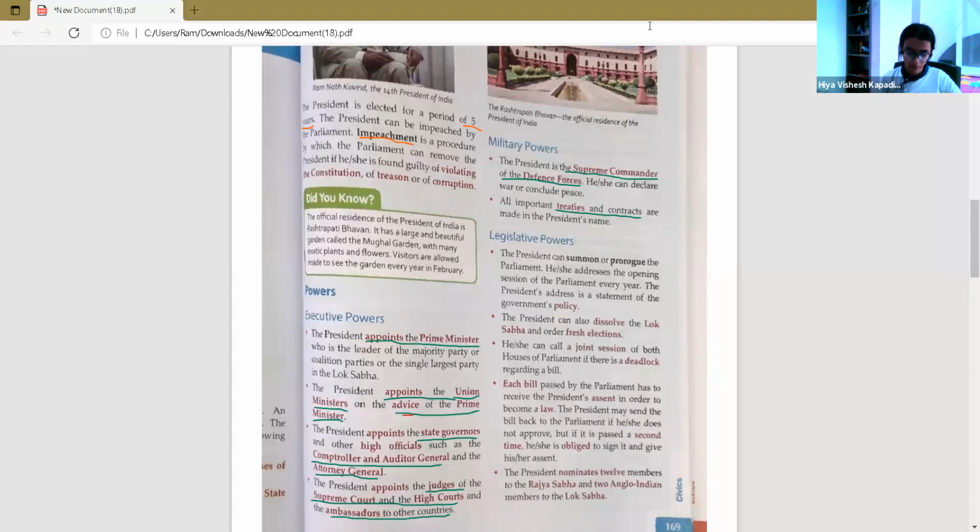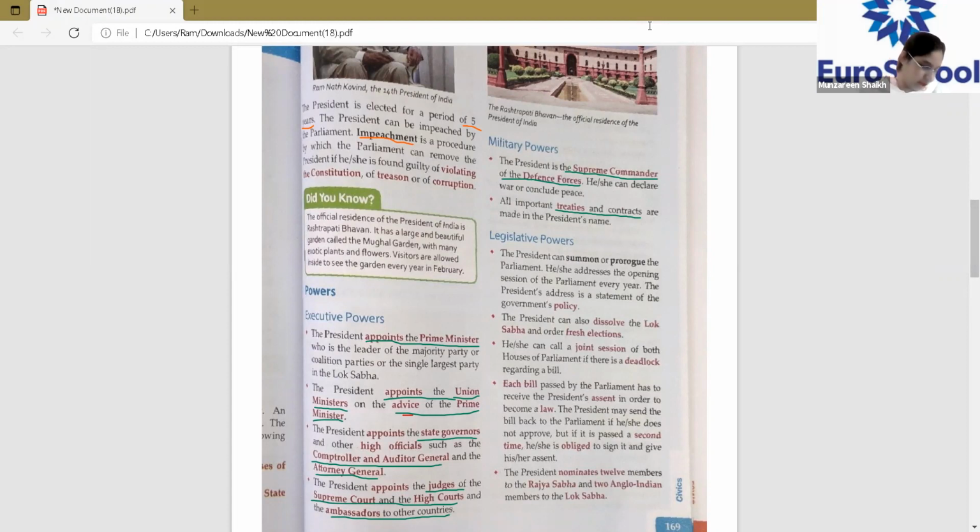Shall I say? Yes. He or she must be at least 35 years of age, should be a citizen of India, and should have the qualities which a Lok Sabha member has. So all the qualifications should be there in that person. Okay.